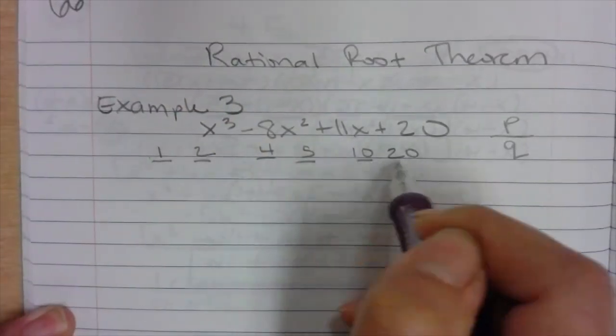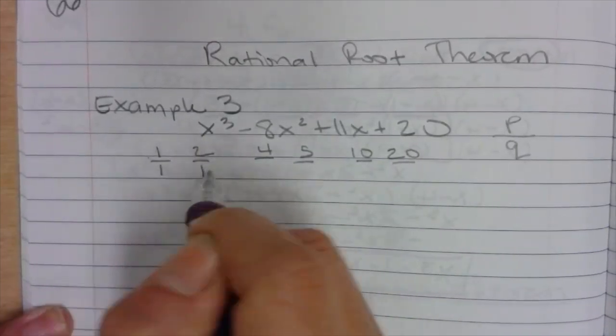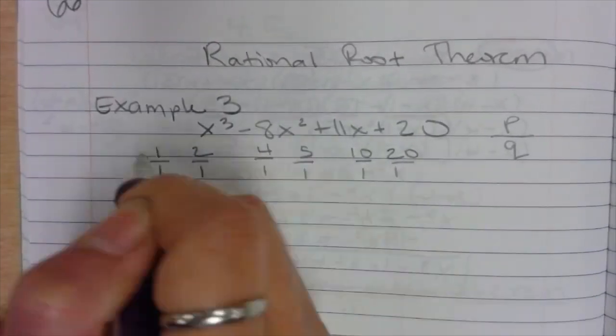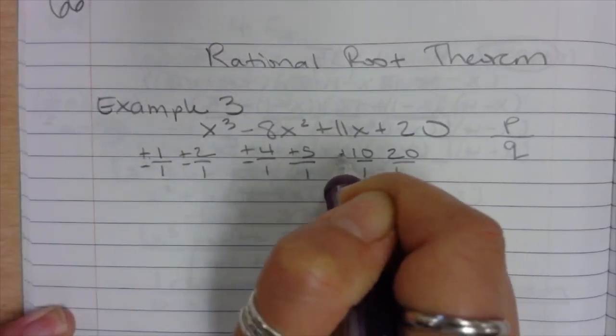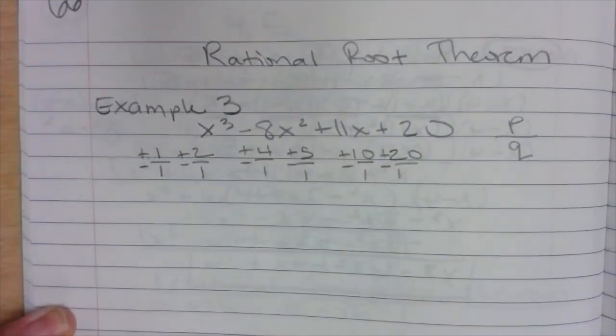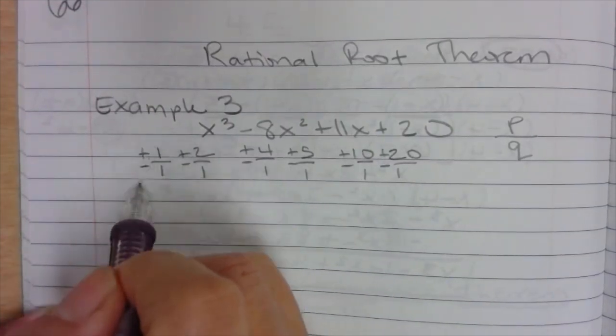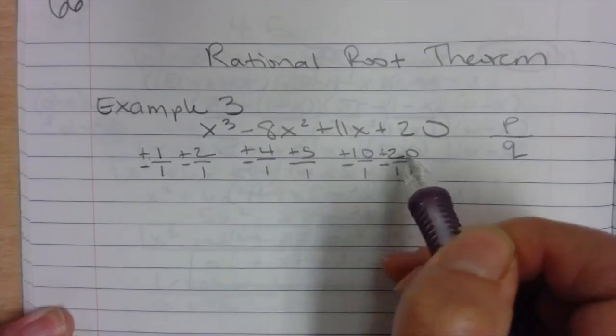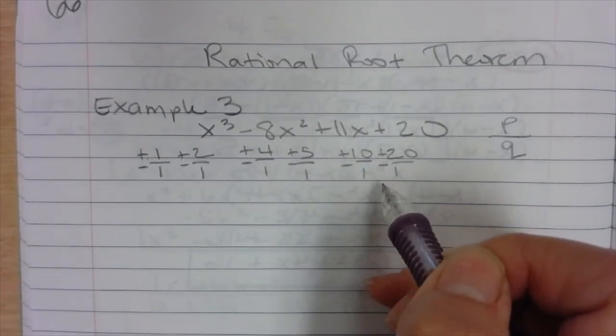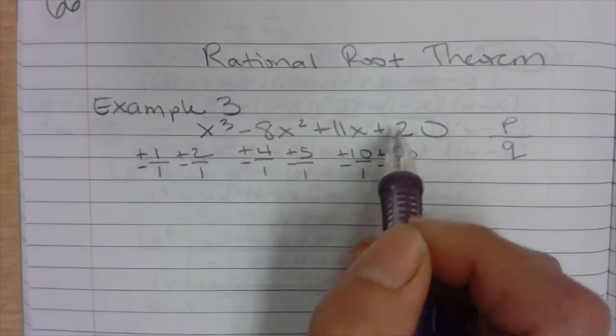So it's going to be over 1, there's only one factor, and then each of these are plus and minus. Okay, so that means positive negative 1, positive negative 2, positive negative 4, positive negative 5, positive negative 10, positive negative 20 could be a possible root for this polynomial.